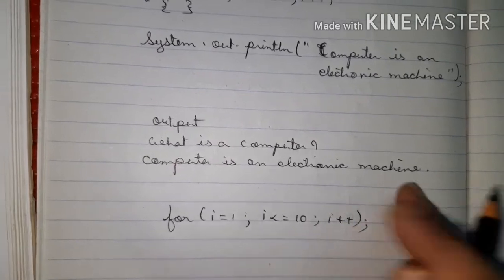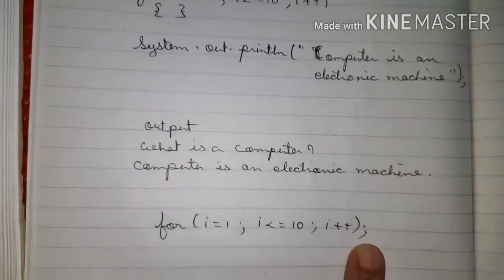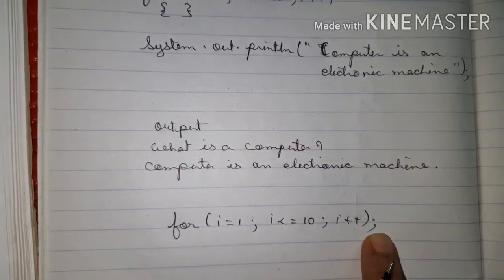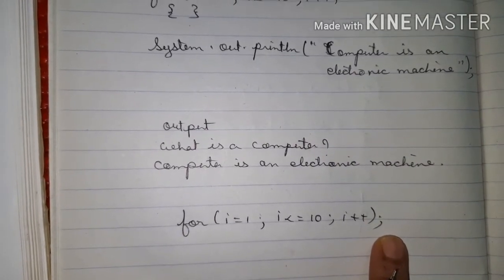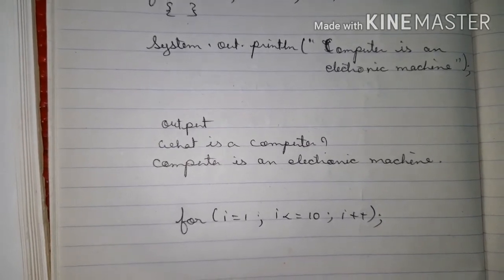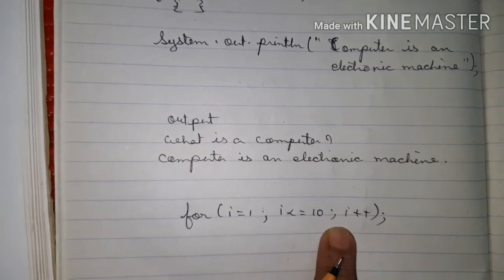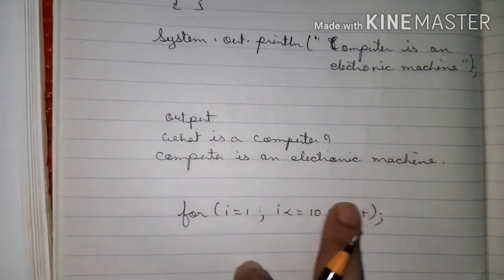The semicolon means the end of the loop. When we place a semicolon after the closing bracket of a for loop, it indicates that the loop does not execute any statement, that is, the body of the loop is not available. But it doesn't mean that the loop will not continue.